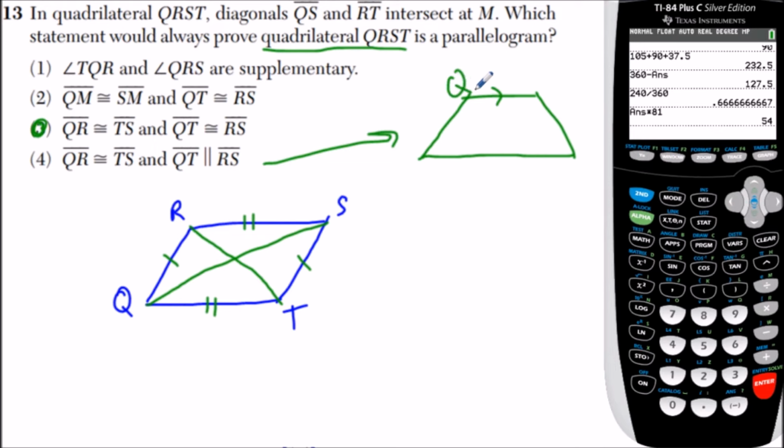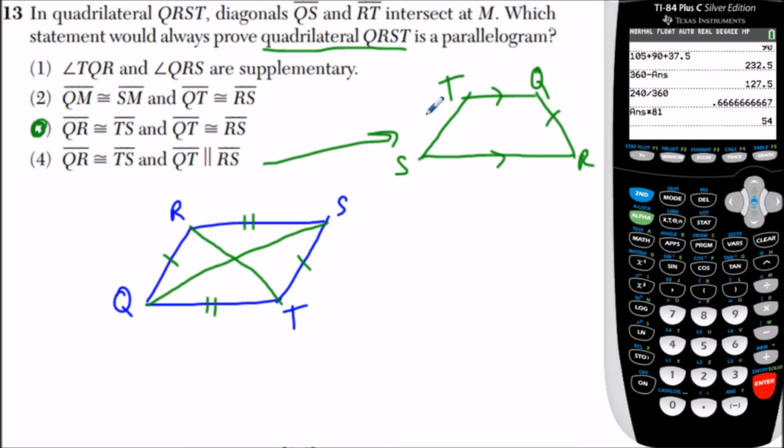We have Q, R, so I'll put the T here, so T at the end, let's see, R, S, T, hopefully this one works. QT is parallel to RS, so there it is, and QR is congruent to TS. So this could model an isosceles trapezoid, so 4 is out.